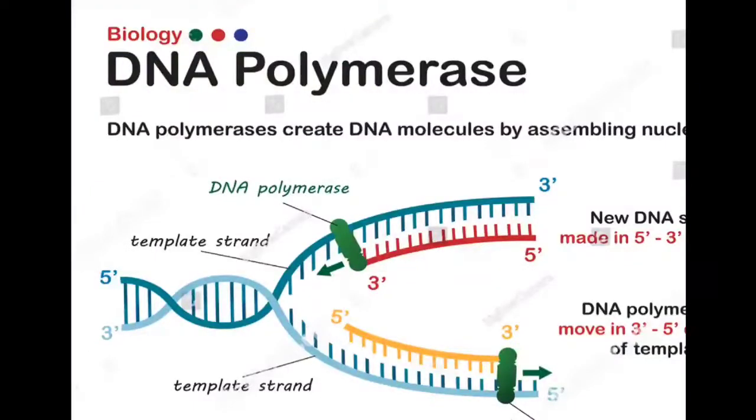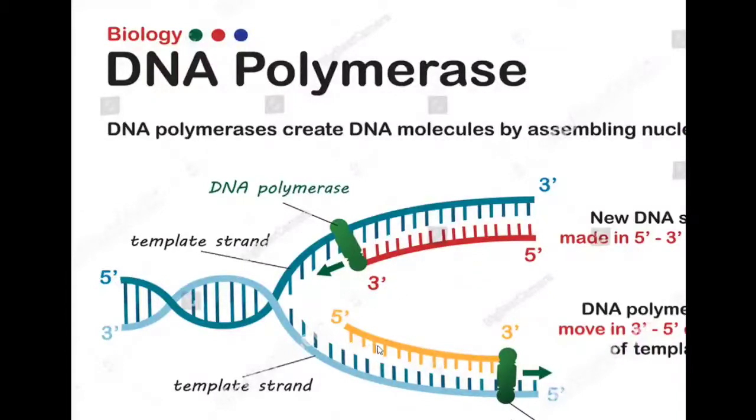Here you can see how the replication takes place, how the DNA polymerase creates DNA molecules by assembling the nucleotides. Here you can see two strands, 3', 5', and the replication fork in the center. Here is how the DNA polymerase acts from 5' to 3'.